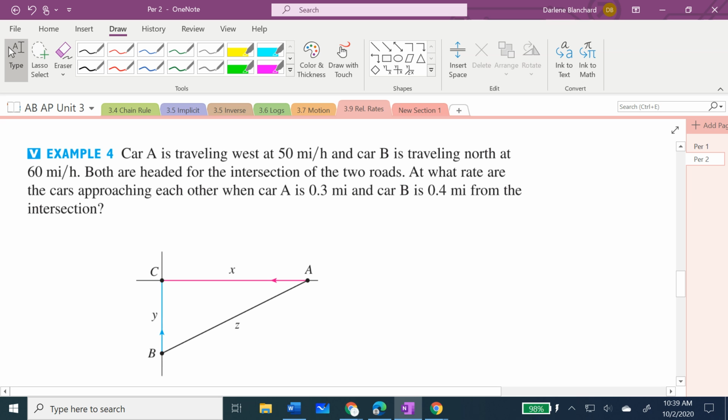So, car A is traveling west at 50 miles per hour. Car B is traveling north at 60 miles per hour.